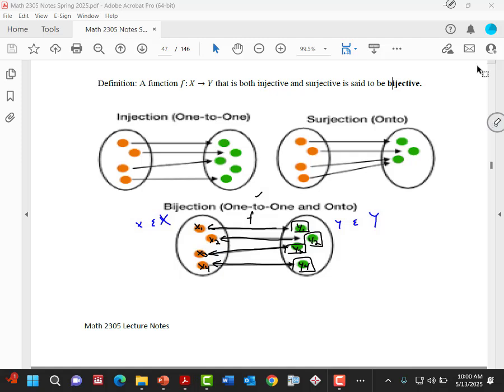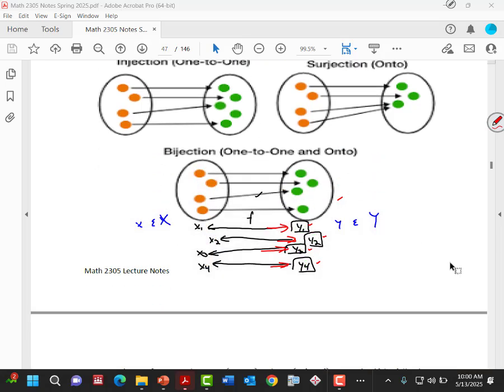Furthermore, the function is onto because all 4 elements in the codomain get hit. So that's kind of the idea of injection, surjection, and bijection.